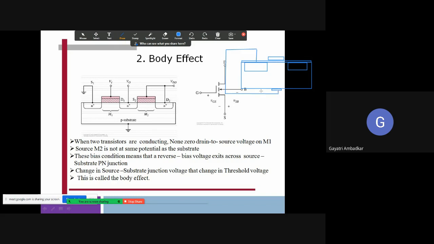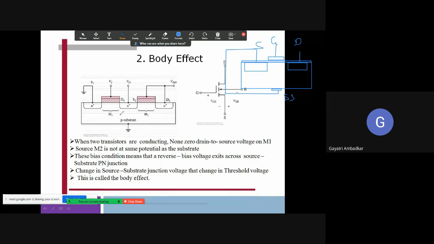Forget about the symbol. This is gate, this is drain, this is source, and this is the substrate or body. So substrate and source are always connected together. It means they are at the same potential. Clear? Substrate and source are at the same potential.